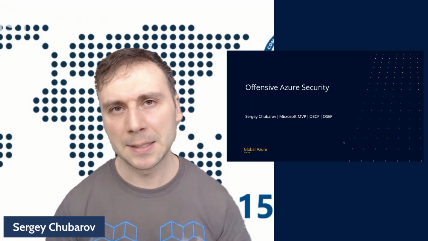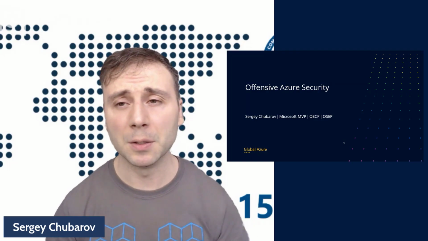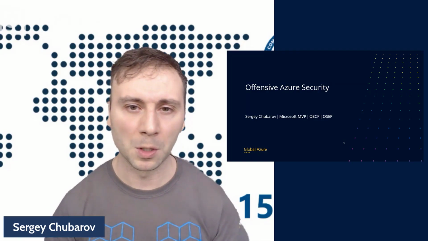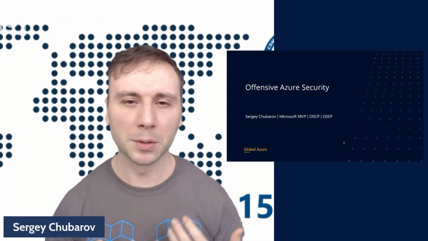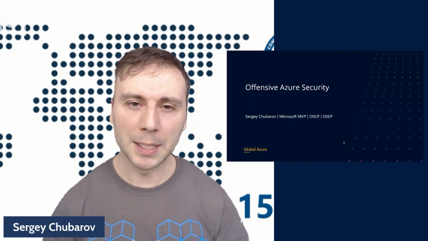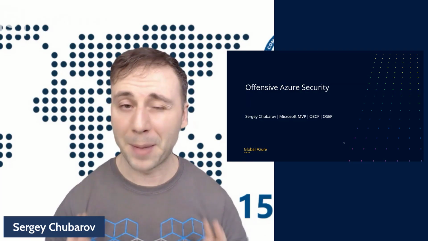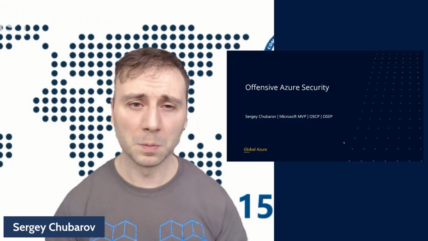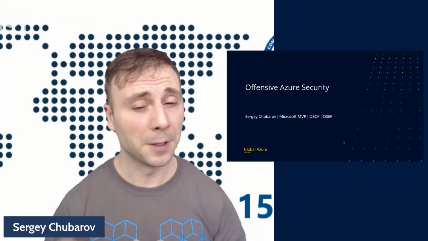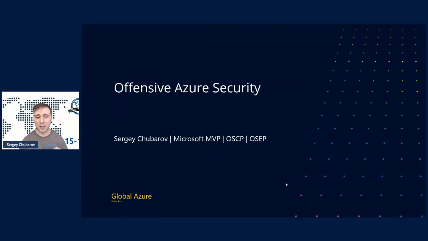I'm not going to tell you that Azure itself is vulnerable, but usually it's about your deployment. So my goal here is to show you some deployments that are not the best and that may be vulnerable, and may not be configured perfectly. Your goal is to watch my session and make sure you don't have configurations like that.